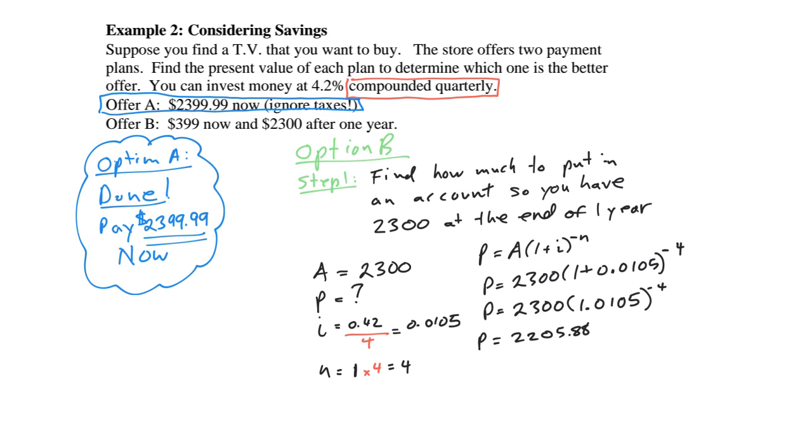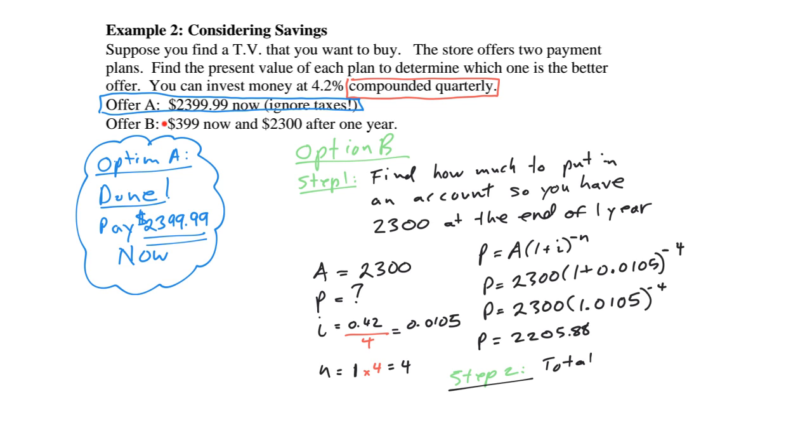Now, for step 2, this is what we have to do in order to determine if this is worth it or not. We have to find the total that we spent today. Remember, this amount of money represents the amount of money we'd have to put in the bank today.